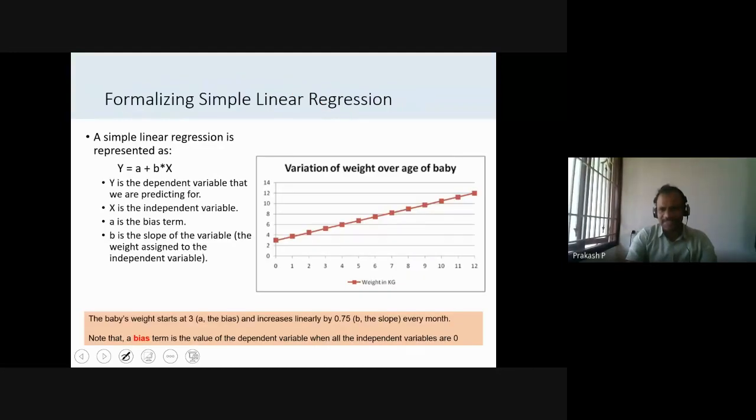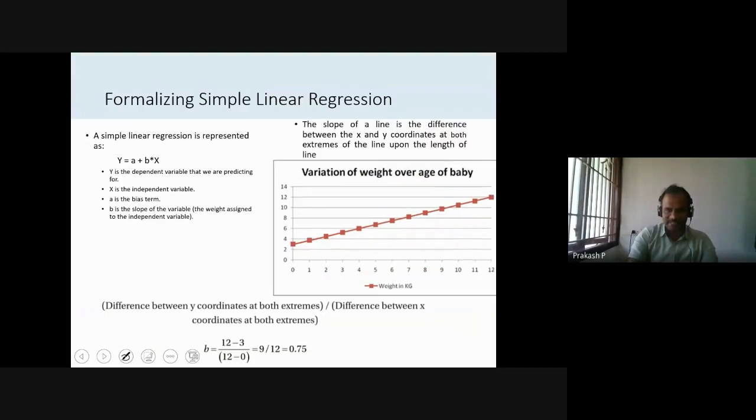So this is one simple example. Variation of weight over the age of a baby. Right, the baby starts with 3 kgs. Then it may increase as the baby gets older. So now 3 is called a bias. This linearly increases by 0.75, the slope which we need to compute. This is increasing every month.